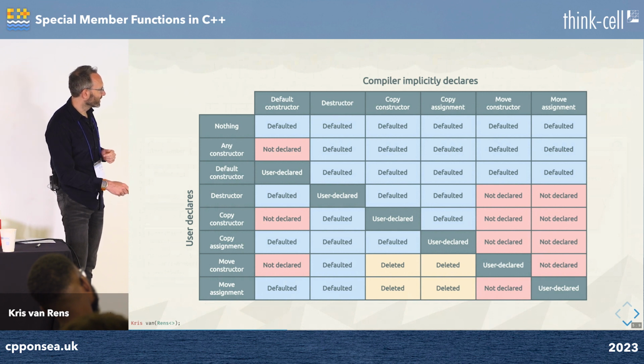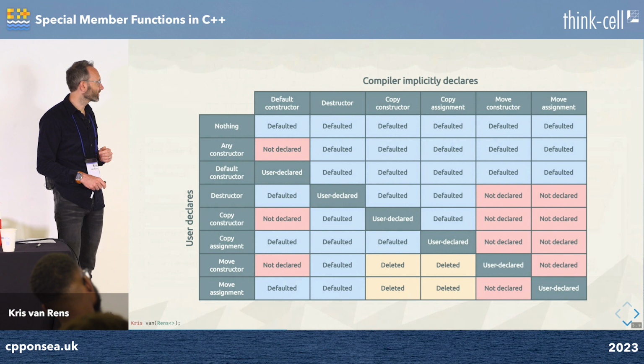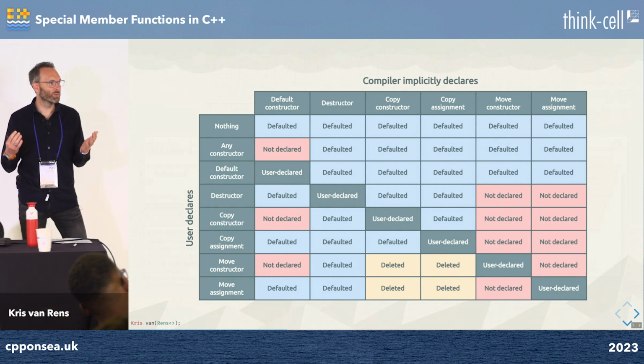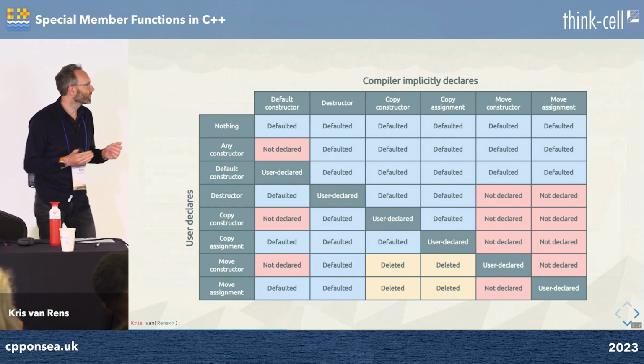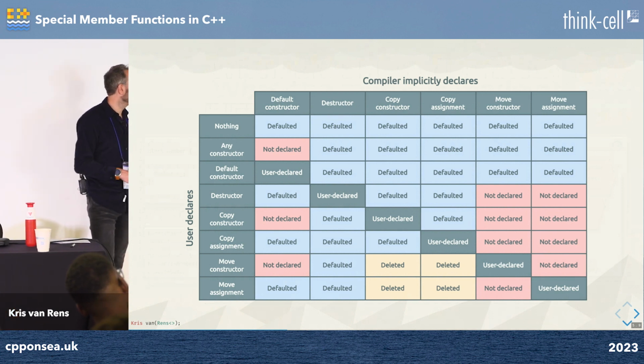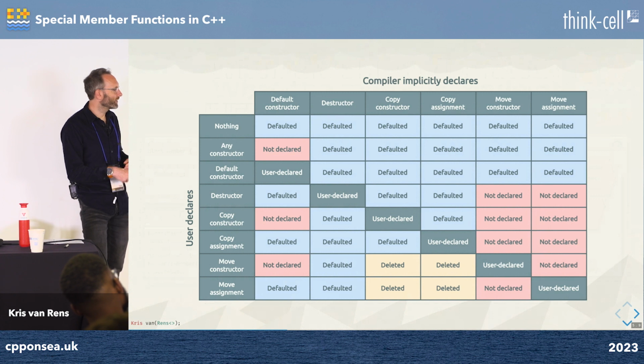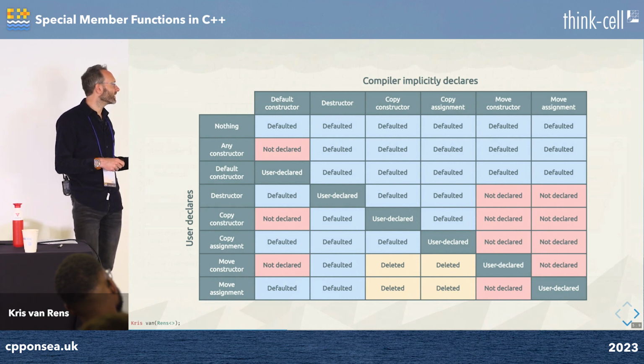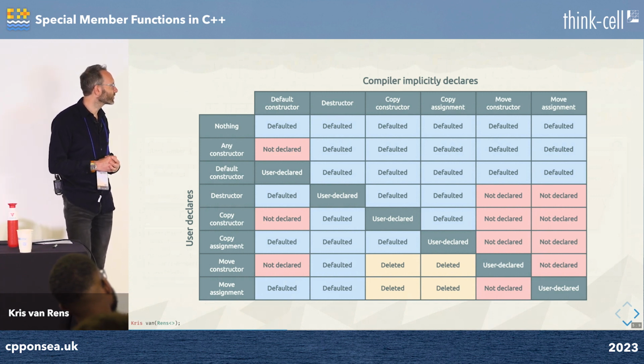But then there's another patch here, which is these deleted annotations. If we user declare the move operations, we lose the copy operations. And again, this makes sense as well, but now they are not just not declared, they're actually deleted. So that sounds a bit more strong.